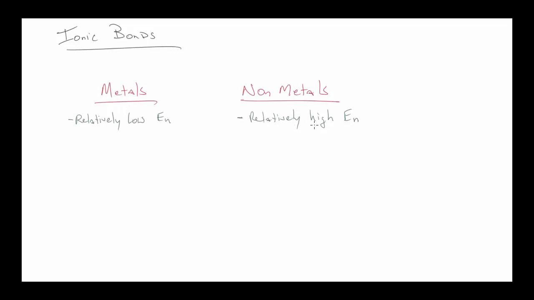So my metals are generally going to lose their valence electrons, and my nonmetals will gain them. In losing valence electrons, metals form positive ions, and in gaining electrons, nonmetals form negative ions.